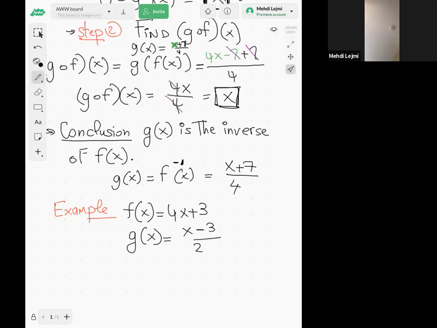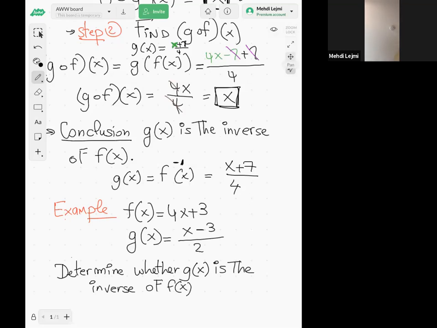Okay, the whole thing over 2. All right, so I have these two functions, f and g, and I want to check if g is the inverse. So I'm going to determine whether g of x is the inverse of f of x.